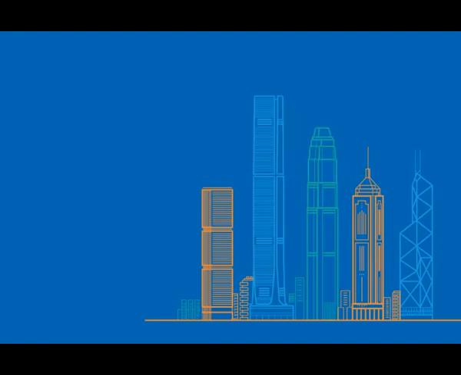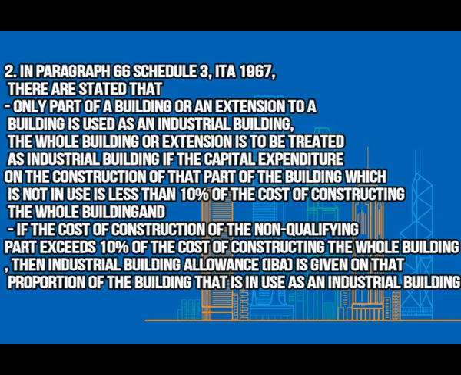Number 2. In paragraph 66 Schedule 3 ITA 1967, it is stated that only part of a building or an extension to a building is used as an industrial building. The whole building or extension is to be treated as an industrial building if the capital expenditure on the construction of that part of the building which is not in use is less than 10% of the cost of constructing the whole building.